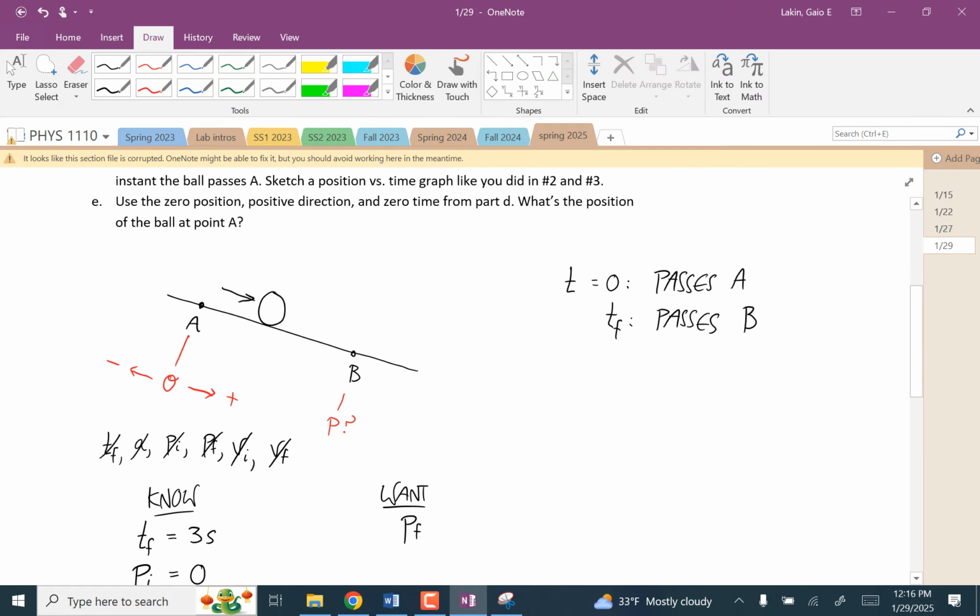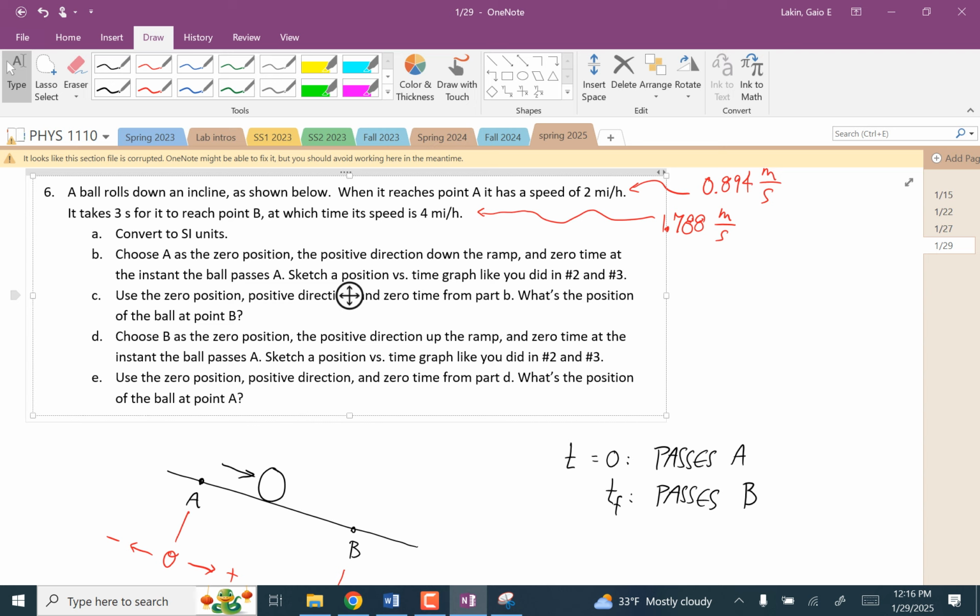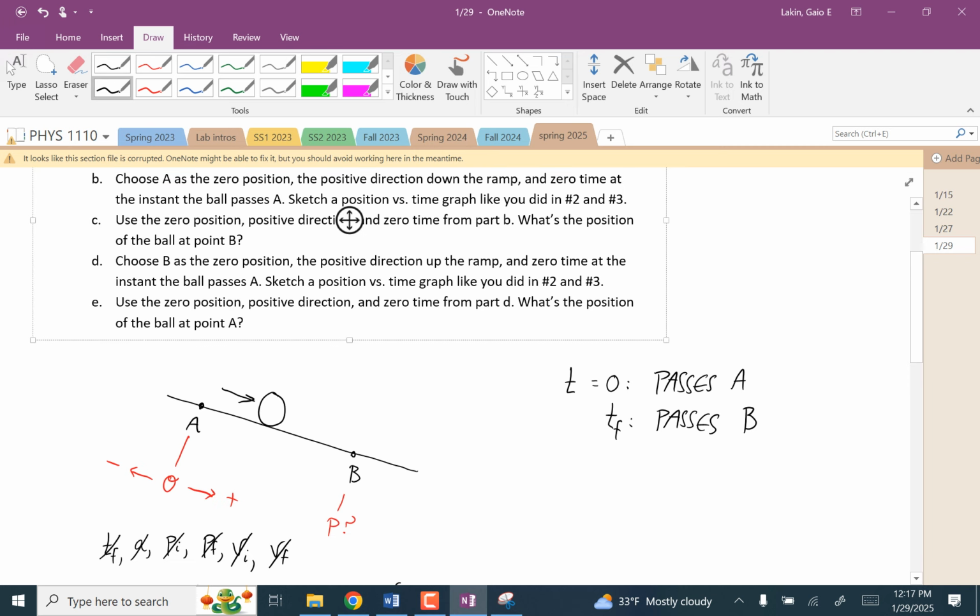Okay, so now we're going on to part D. And we're going to choose the 0 position at B, positive direction up the ramp.